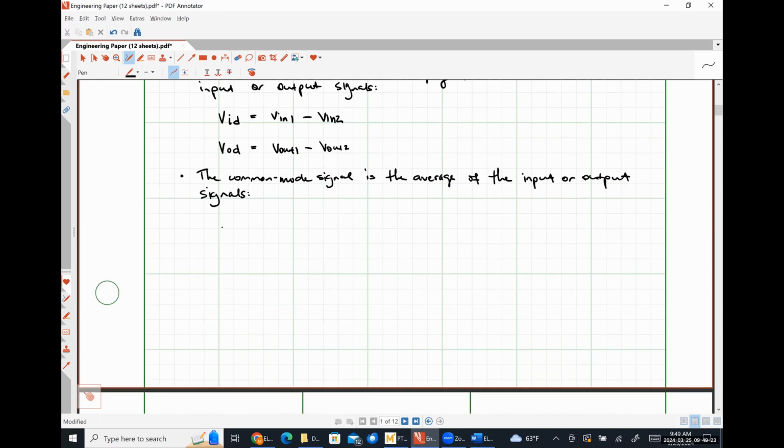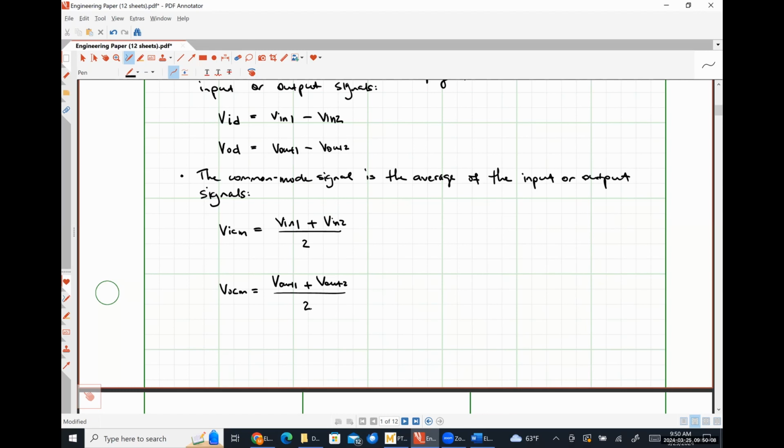So our input common mode signal for a differential amplifier that has two inputs would simply be VN1 plus VN2 over 2. And our output common mode signal, VOCM, would be Vout1 plus Vout2 over 2.